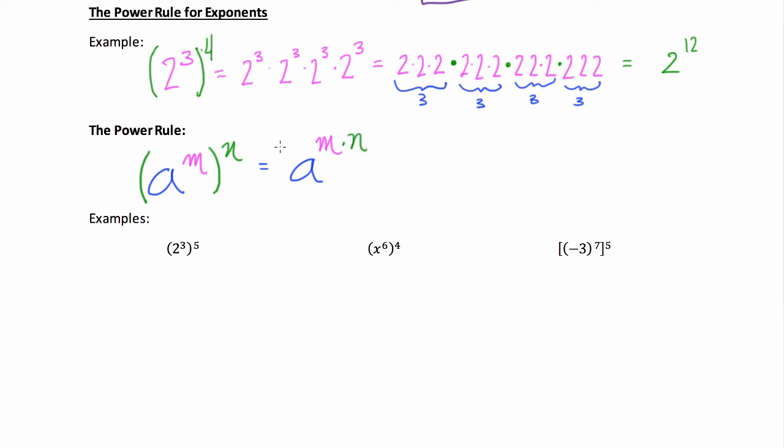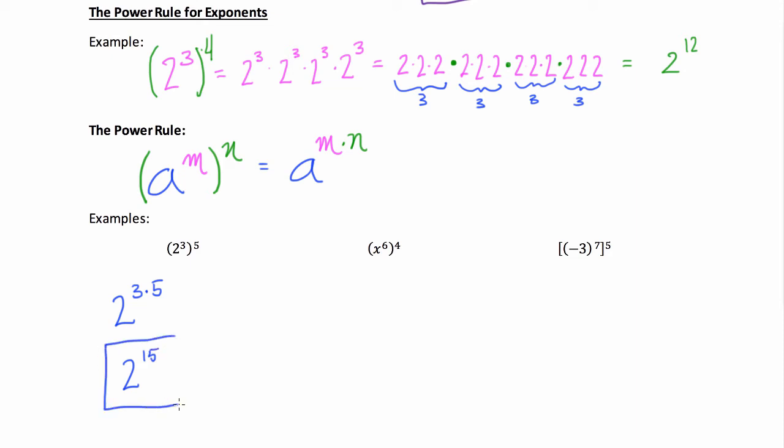So when I'm exponentiating powers, I multiply those exponents. So here, 2 cubed to the 5th, instead of writing out all those 2's, this is just going to be 2 to the power of 3 times 5, and that gives you 2 to the 15.